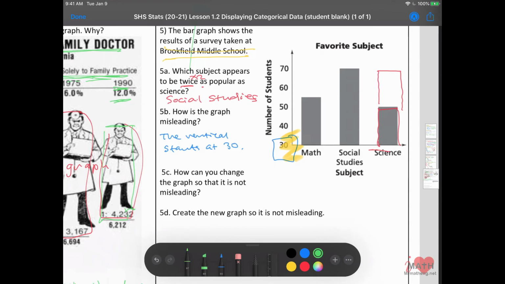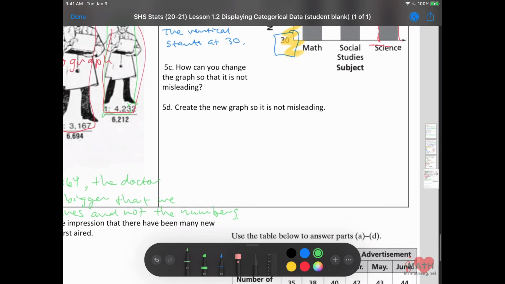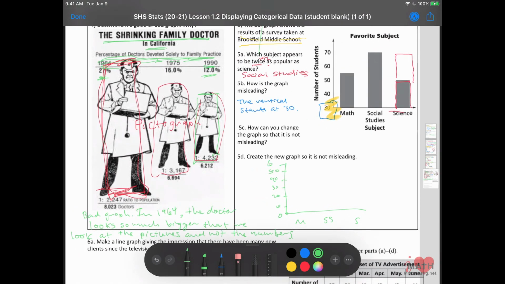All right, how can you change the graph so it's not misleading? Create a new graph. So we'll just quickly make one. Math, social science, and science. And then I'm going to start at 0. So this is 0, 10, 20, 30, 40, 50, 60, and 70. So if I do math, that goes to, say, 55.